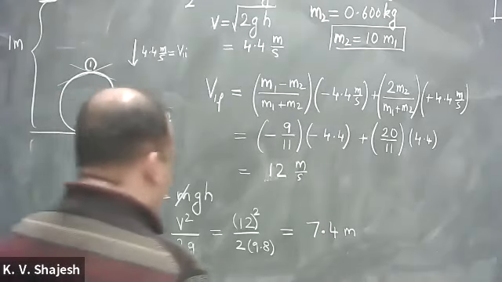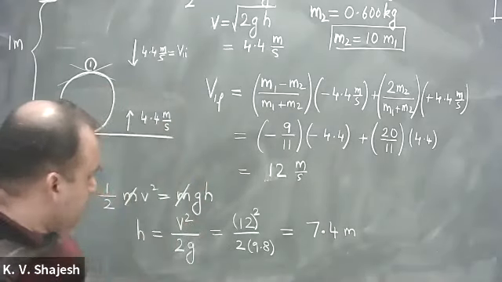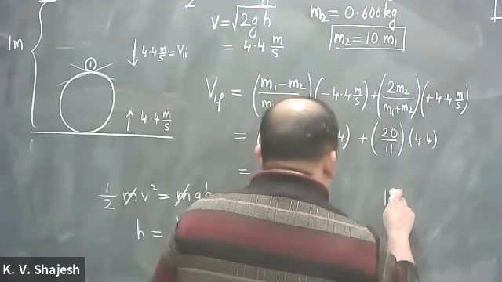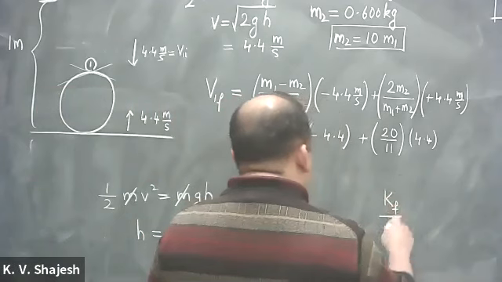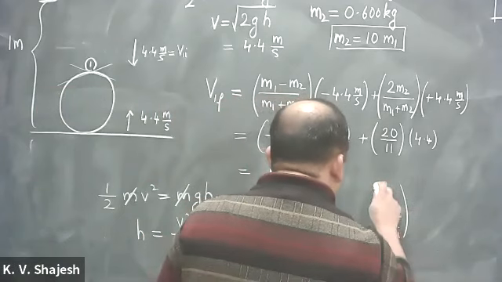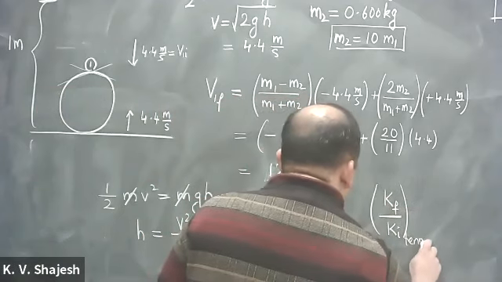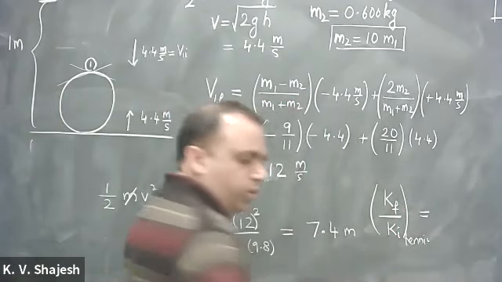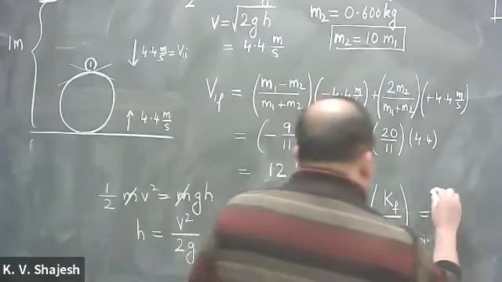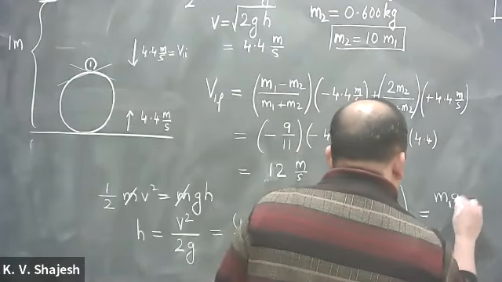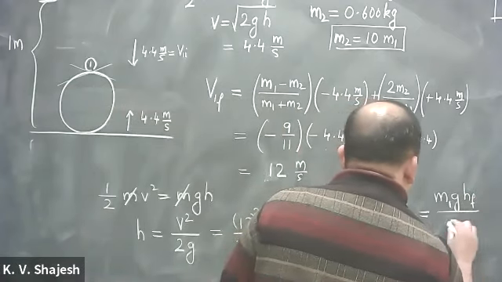What's the change in energy if you talk about it? The final kinetic energy over the initial kinetic energy of the tennis ball is equal to m1g h final over h initial.